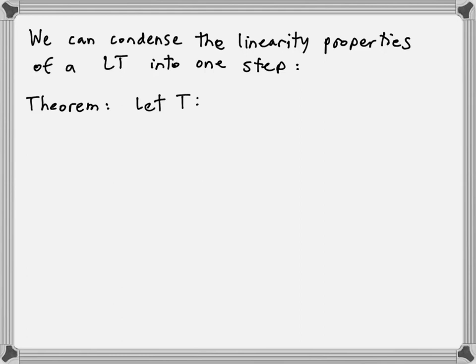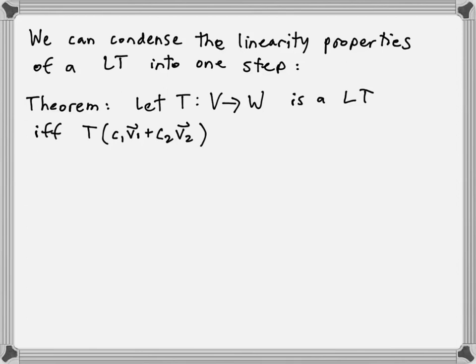Let T going from V to W. This guy is a linear transformation if and only if T of C1V1 plus C2V2 is equal to C1T of V1 plus C2T of V2.